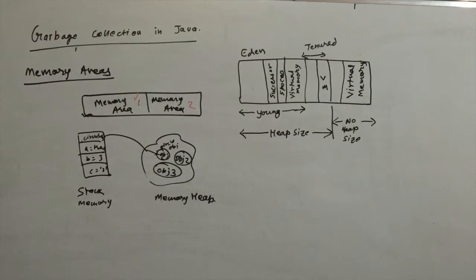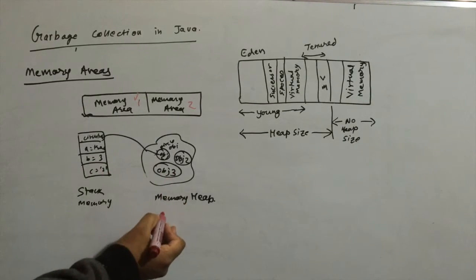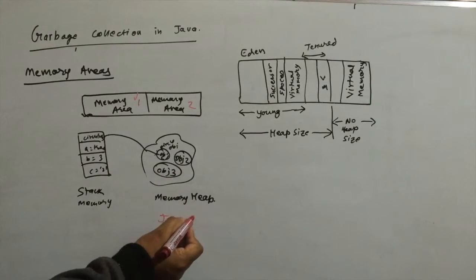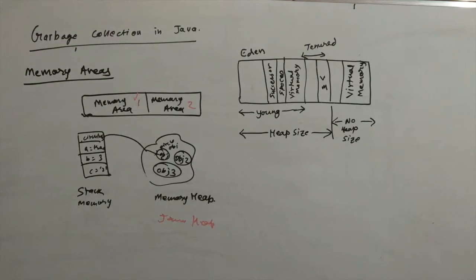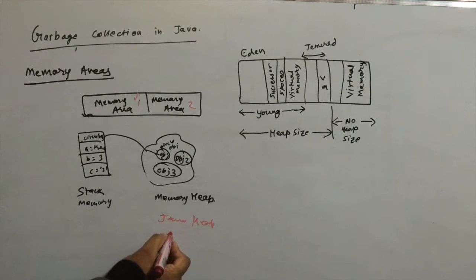First, the Java heap space. The Java heap space is used by the Java runtime to allocate memory for objects and classes that it needs to load, compile, and instantiate.